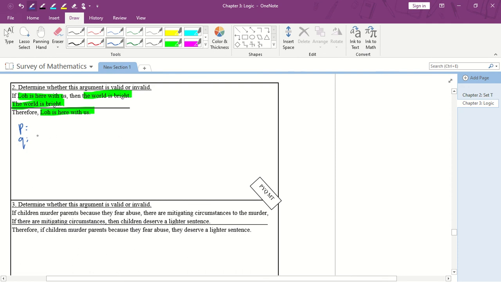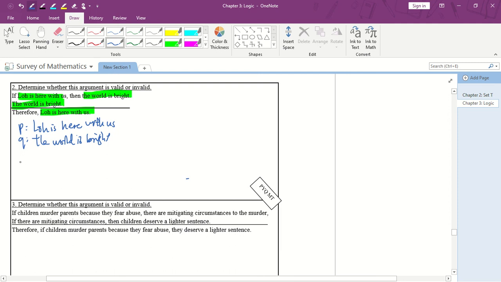Lo is here with us, so P. And Q is the world is bright. Now let's try to figure out whether this is valid or invalid in symbolic form.